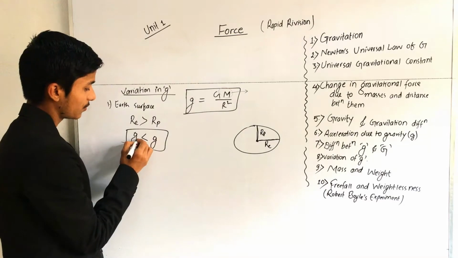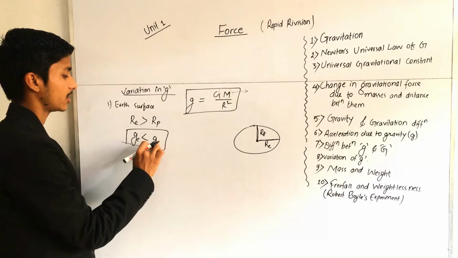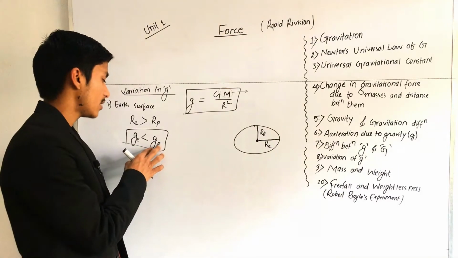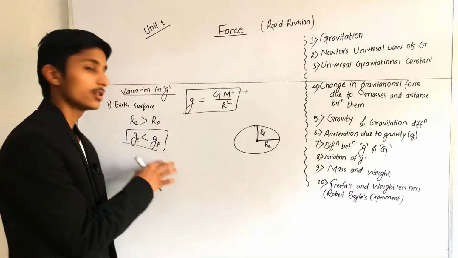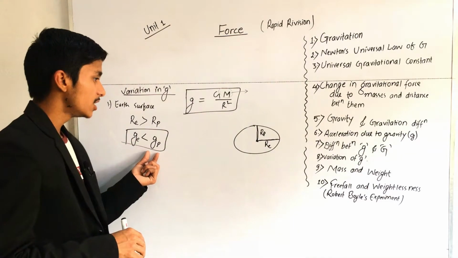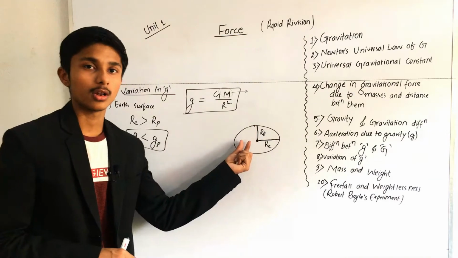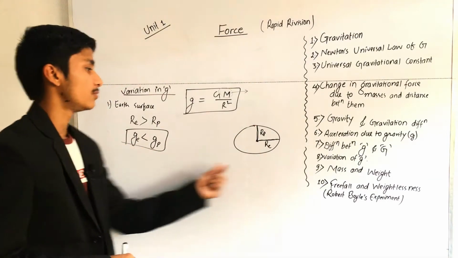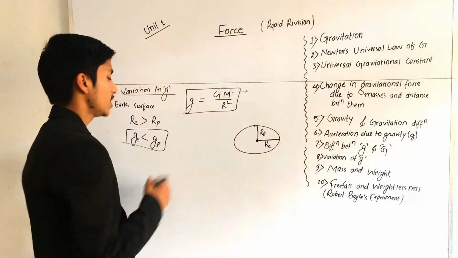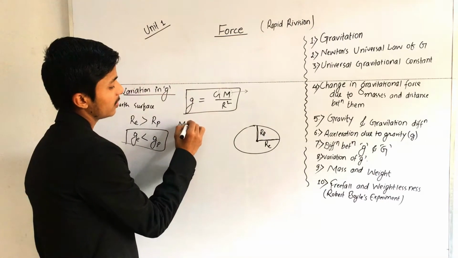The value of acceleration due to gravity on the equator is less than on the pole. It means the value of g will be maximum at the pole and minimum at the equator.